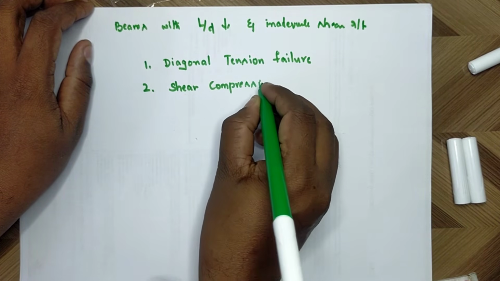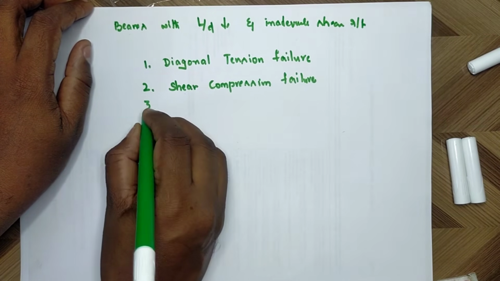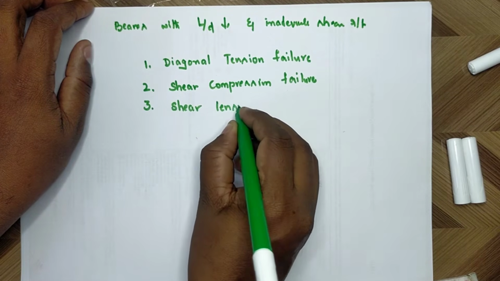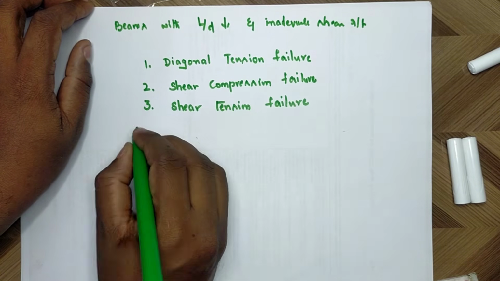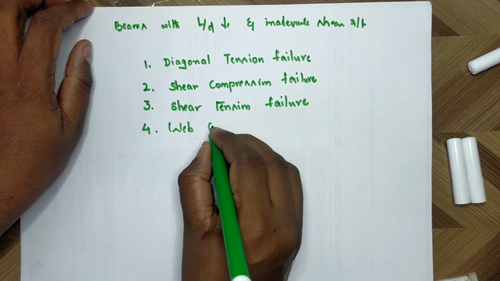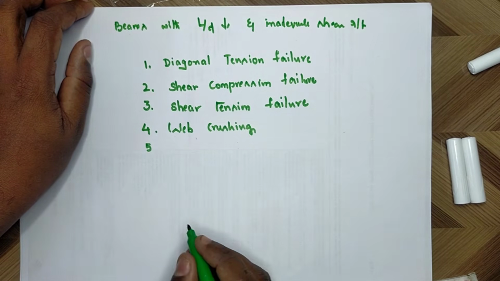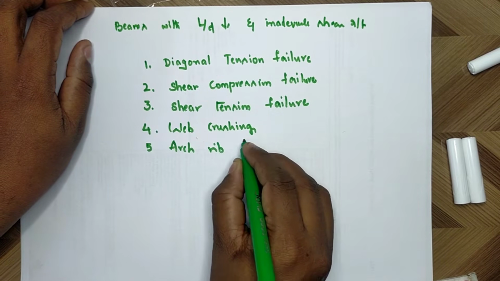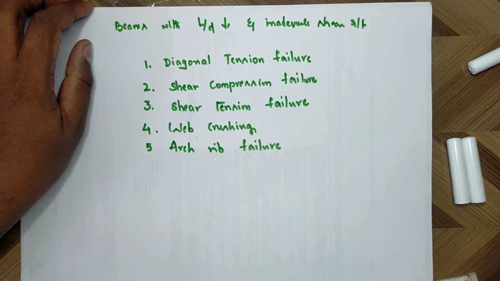Third one, shear tension failure. Fourth one, web crushing. And the fifth one, arch rib failure. Generally we may observe these types of failures.